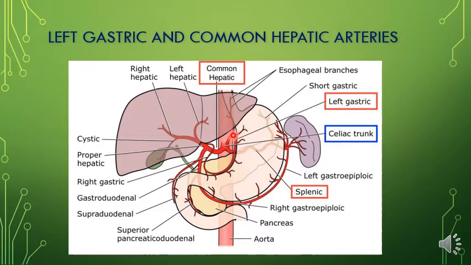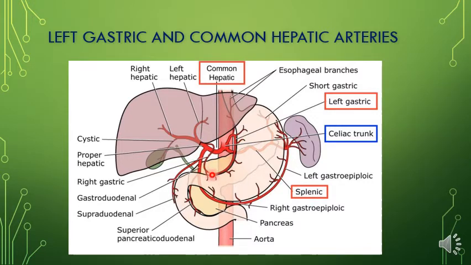So it is arching forwards, along the superior or left gastropancreatic fold, and reaches the lesser curvature of the stomach. This area is called the lesser curvature of the stomach. This is called the greater curvature of the stomach. So along the lesser curvature, it runs downwards, and within the lesser omentum, the left gastric anastomoses with the right gastric.